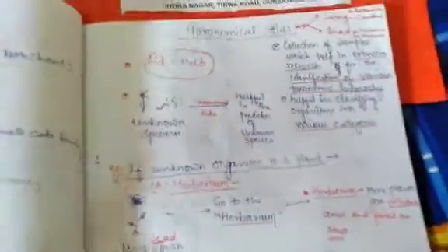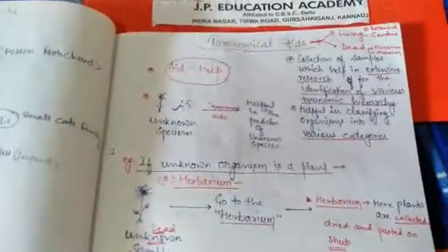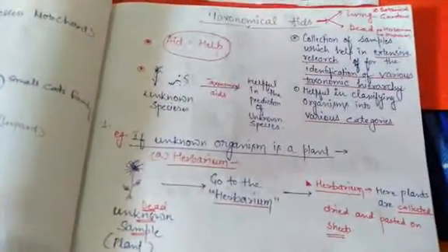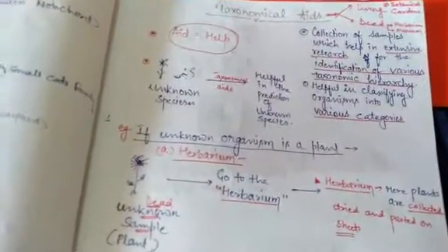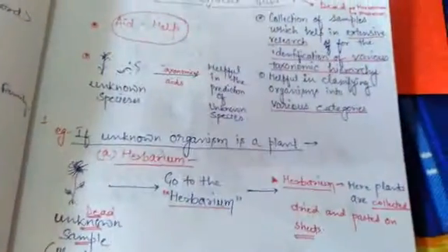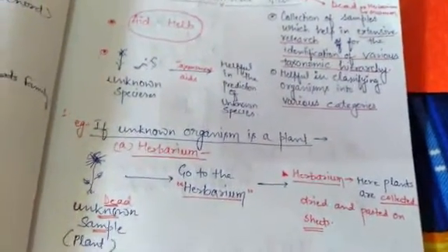One more thing is present here. If you get an unknown species, the prediction will be based either on living organisms or on dead organisms.